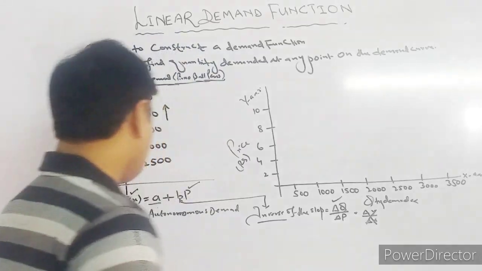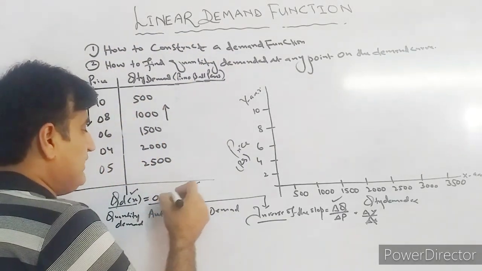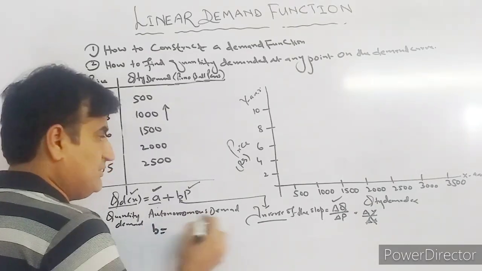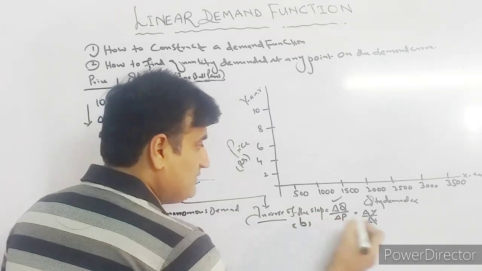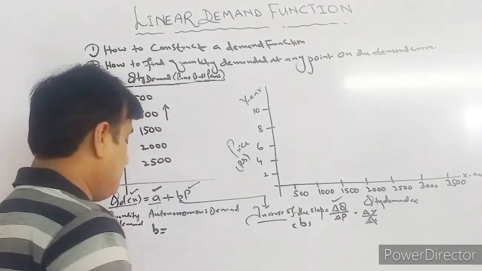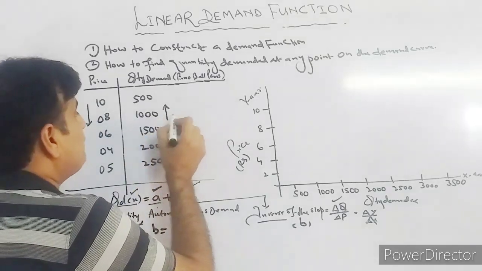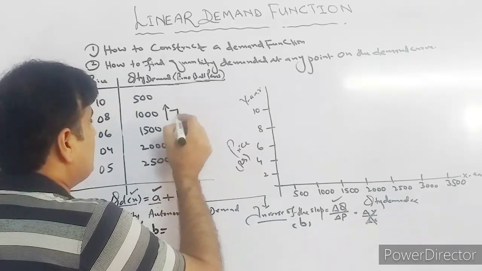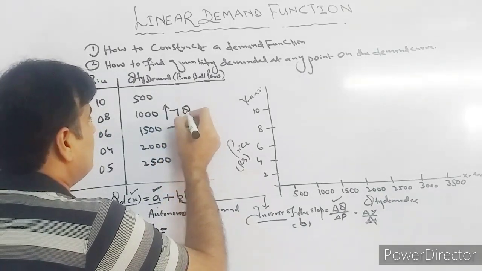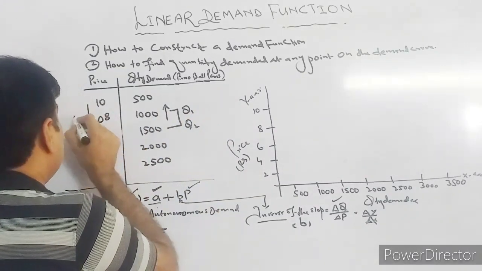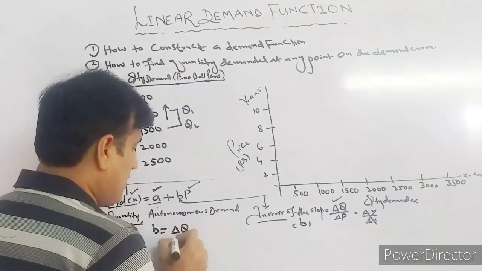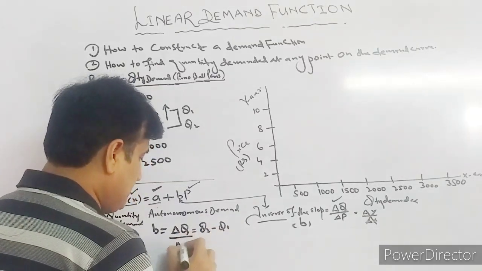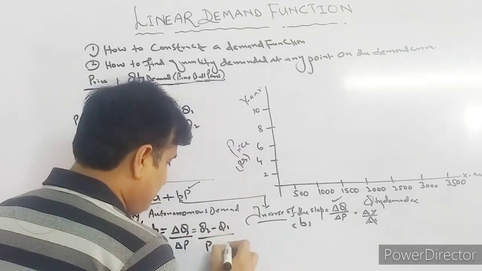So one thing we have to find is the beta. Beta, that is the slope, is equal to change in Q with respect to change in P. We take any quantities on the demand schedule, for example Q2 and Q1 and P2 and P1. Change in Q is equal to Q2 minus Q1, upon change in P, which is P2 minus P1.